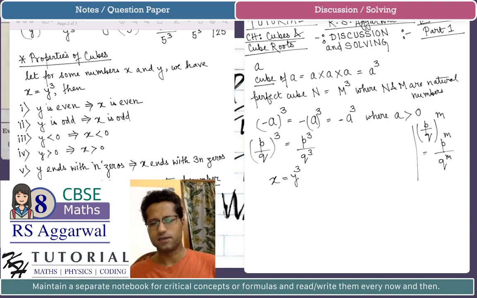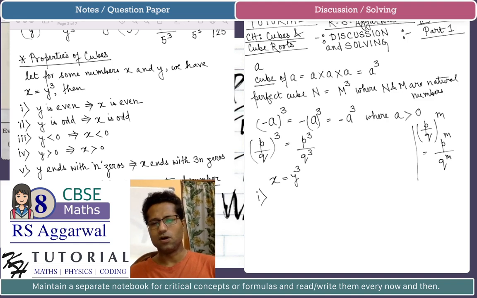Now if this is the case for some numbers x and y, then property 1 says that if y is even, then x is even. That is, the cube of an even number is an even number.